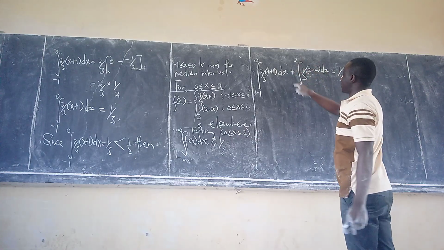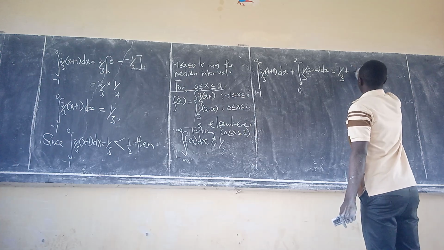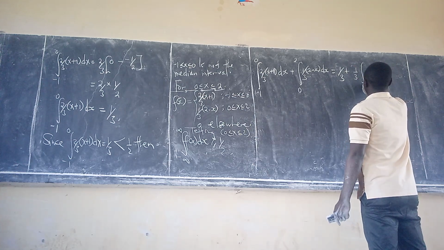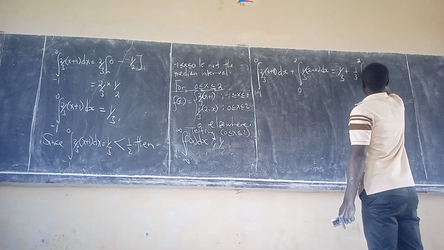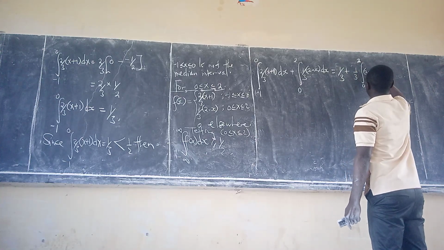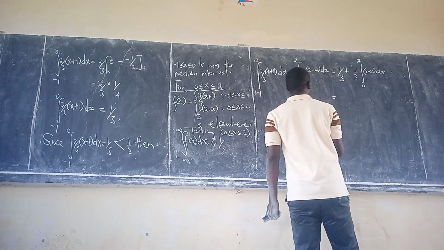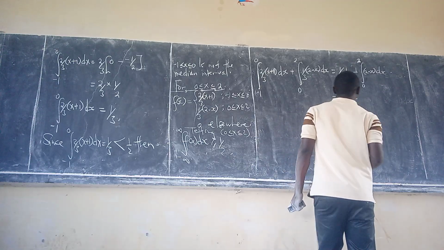Now we are left with integrating this. So it is plus, pull out a third, the integral from 0 to 2 of 2 minus x dx. So that is going to be equal to a third plus a third.